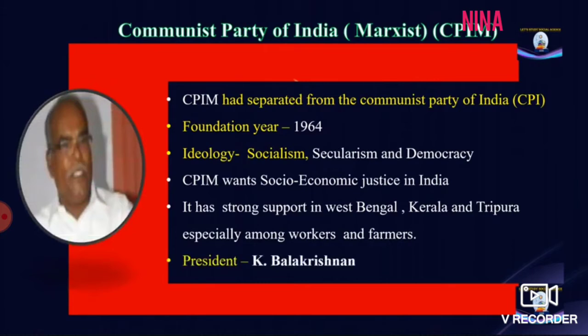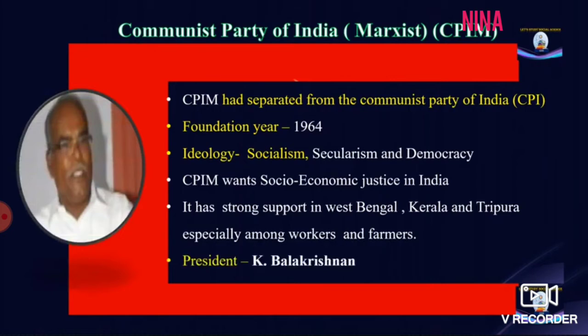The next one is the Communist Party of India, as I told you, the Marxist Party or CPIM. Now, CPIM is separate from the Communist Party of India. CPI is different, children, and CPIM is different. This party was founded in the year 1964 and the ideology is somewhat similar to the Indian National Congress, that is, it believes in socialism, secularism and democracy.